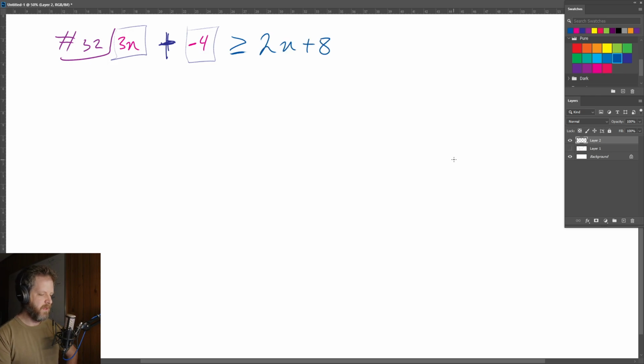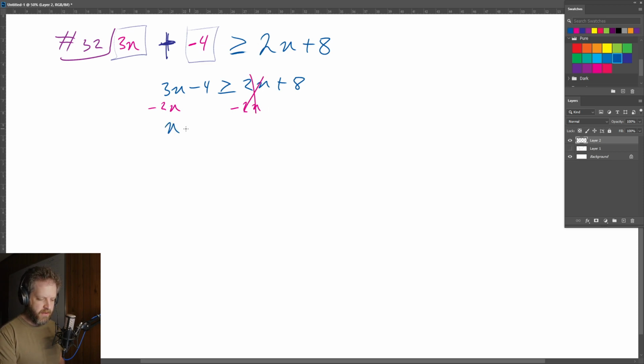So there's your equation: 3n minus 4 is greater than or equal to 2n plus 8. Now we can solve that for n. So what would we do to solve that for n? Sounds like a great plan. Minus 2n over here and minus 2n over there.